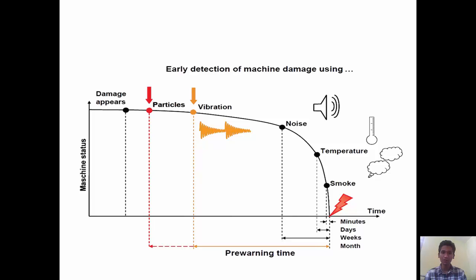Second, the vibration. Third, the noise and the temperature. Most importantly, as the temperature increases, the viscosity is also affected, and smoke appears. Because of the smoke there are chances of fire. How the damage occurs is shown in the diagram.